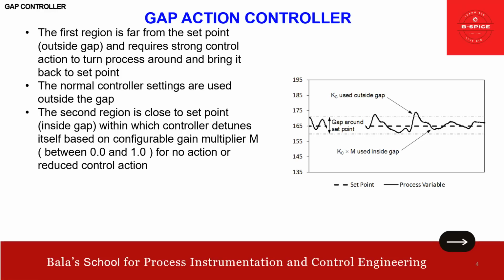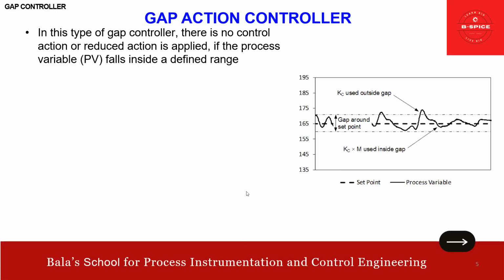Because our objective is to revolve around the set point, and the other objective is reduced control action or no action. So these are the two objectives. The controller itself detunes, and the detuning helps to minimize the controller output movement. That is the point here.